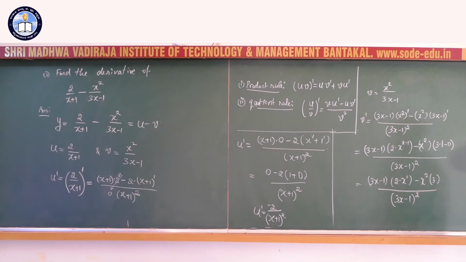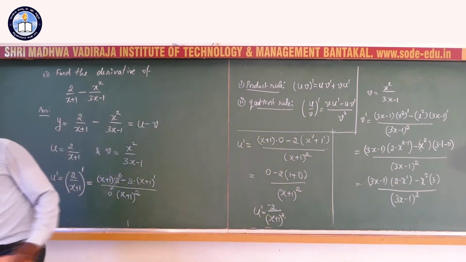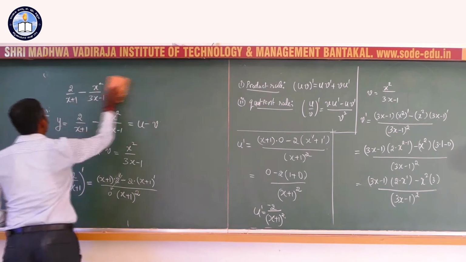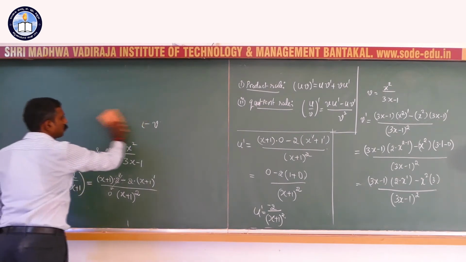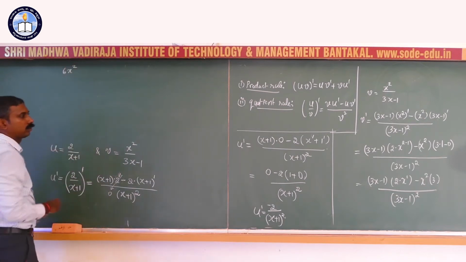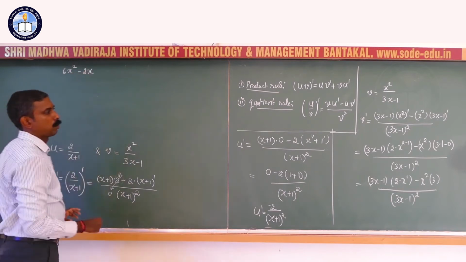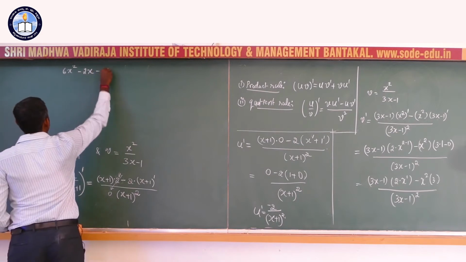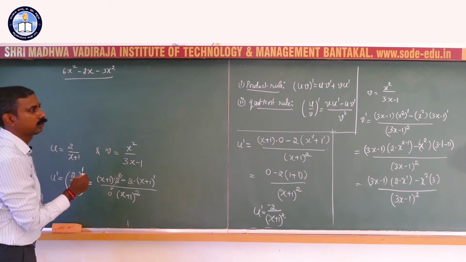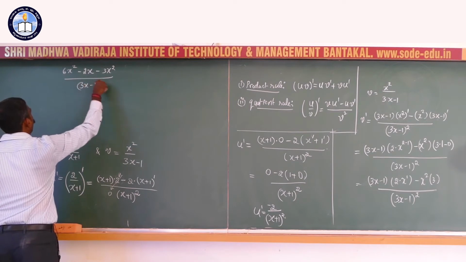Let us simplify this further. When you simplify this, it becomes 6x square minus 2x minus 3x square divided by 3x minus 1 whole square.